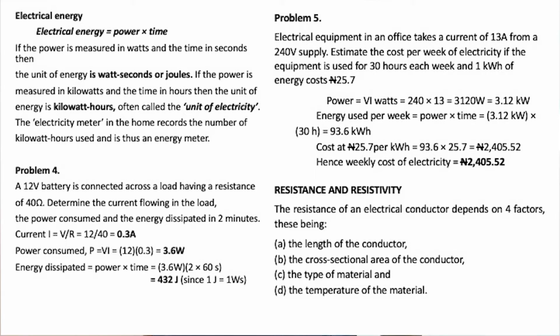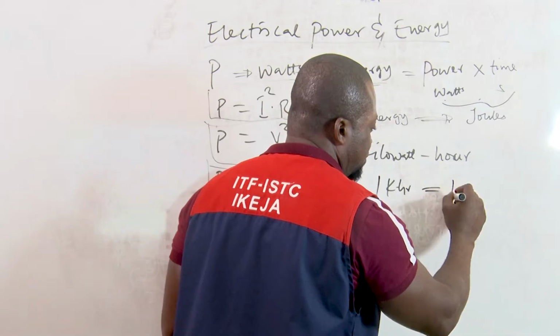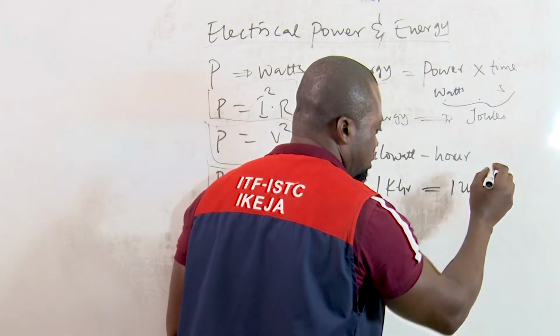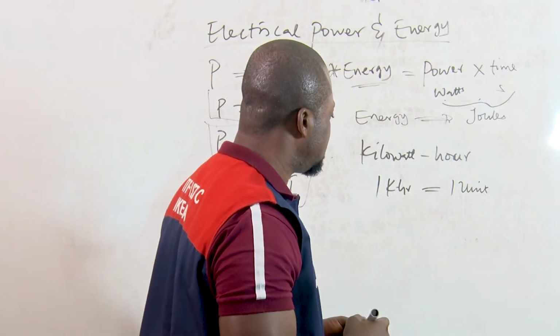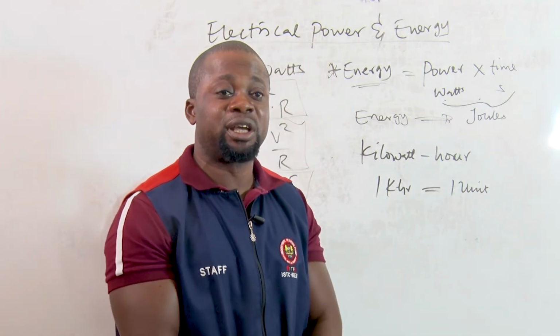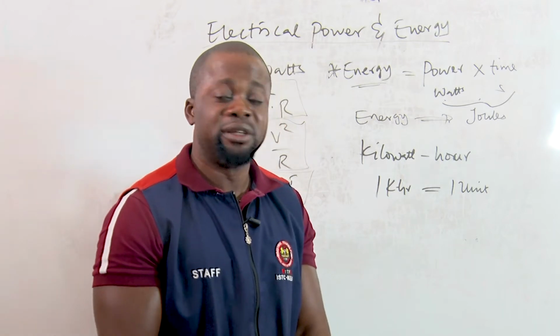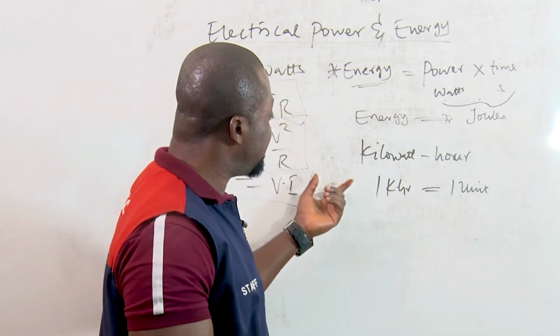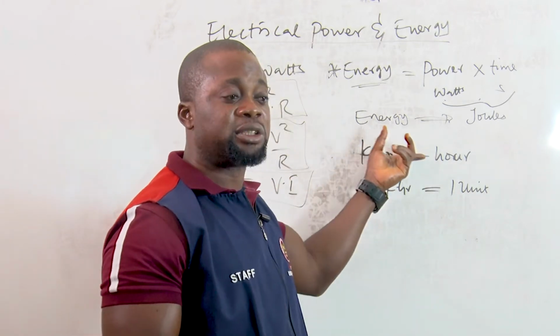And we refer to 1 kilowatt hour as equal to 1 unit. Like when you buy in your prepaid, you say, how many units? These units are what we refer to as kilowatt hour.